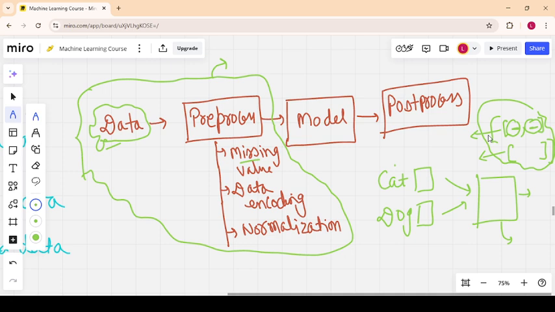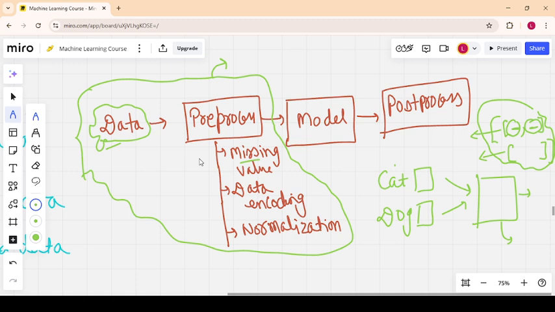Before jumping into learning complex models like linear regression and logistic regression, first understand what data is, what the different types of data and datasets are, and how we can pre-process the dataset before feeding it into a model. There are a lot of pre-processing techniques. If we are talking about text, we need to remove punctuation, remove stop words, remove white spaces.